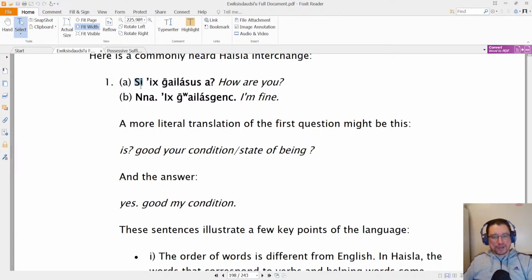You might hear sus, you might hear sun, but C is the default form of this question word, which you would use if you're not going to change it to sun or sus, which refers to the person that you're talking about. Eich is good, and then gwala means your condition or state of being.